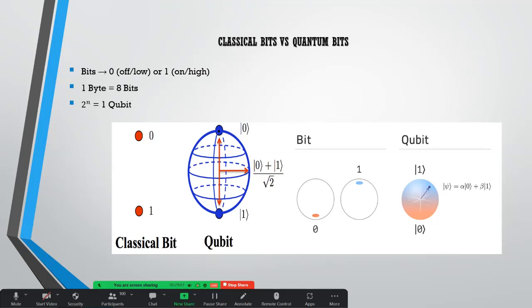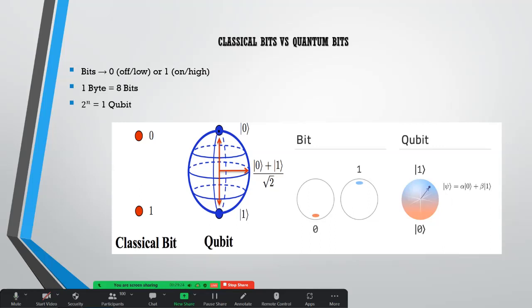Qubits can't be defined until the value is measured. A qubit has two states, 0 and 1, and there is another third state that I already told you about, which represents 0 or 1 at the same time.